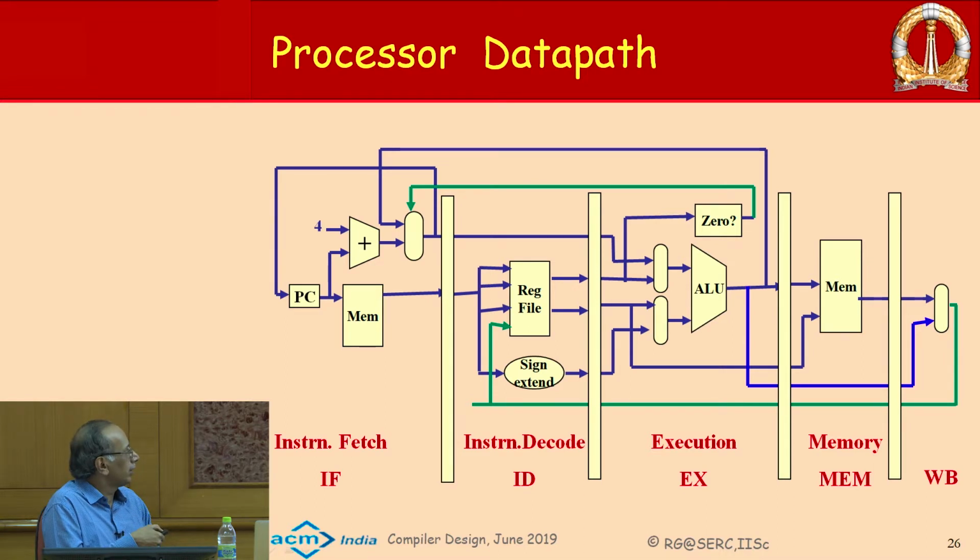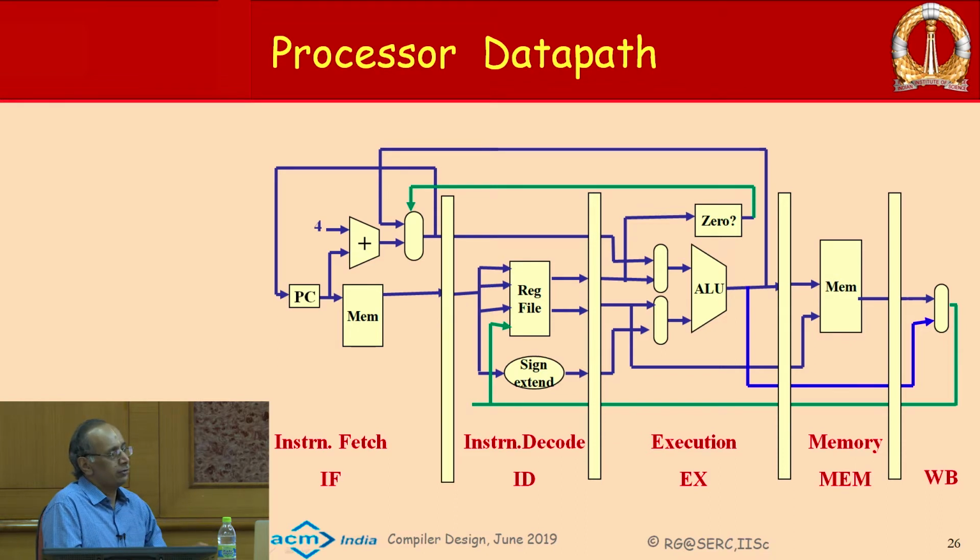So you use the contents of PC, access the memory, and fetch the instruction. The instruction that is fetched is put into one of these buffers, which is called the instruction register. So the memory location pointed to by the program counter is the next instruction to be executed.